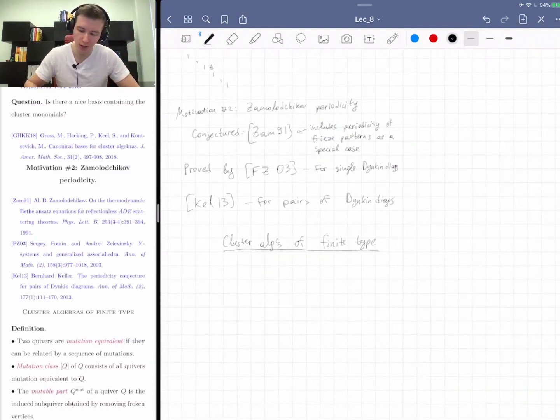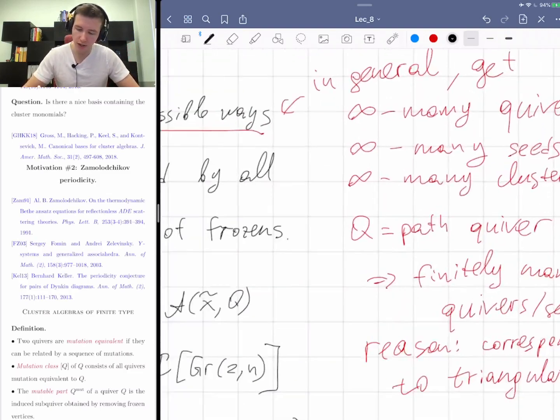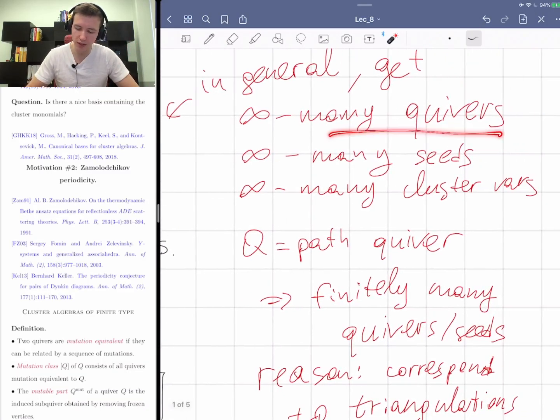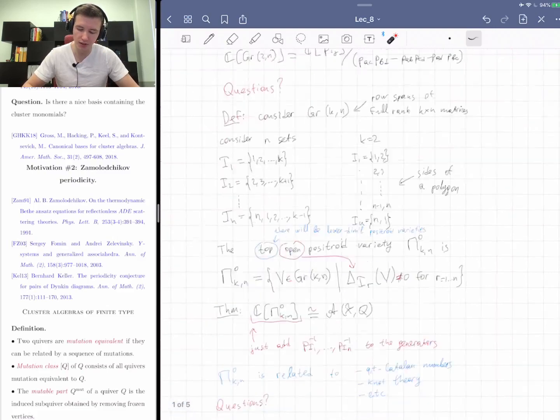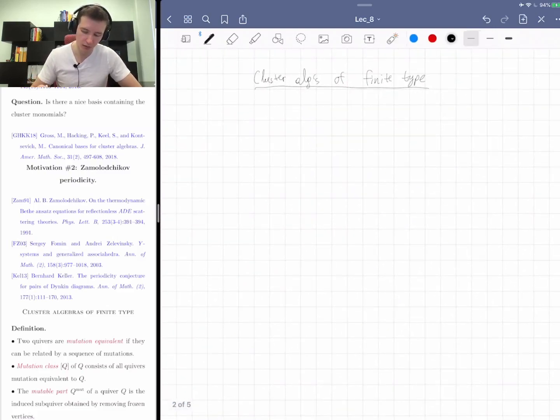Remember, I was talking about whether you get finitely many quivers or finitely many seeds; these are two different notions. A seed is a pair: a quiver and some labeling of the quiver. So finitely many seeds implies finitely many quivers, but in general these notions are different. Let me state this all carefully now.